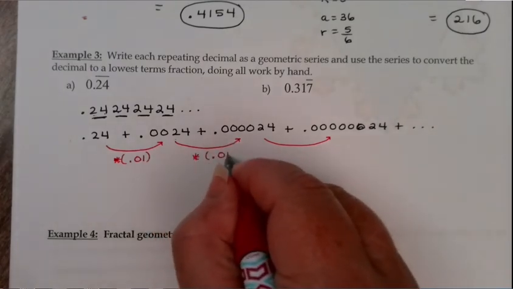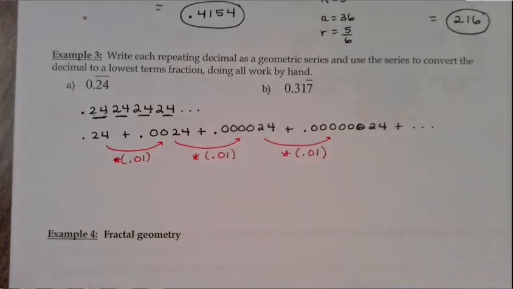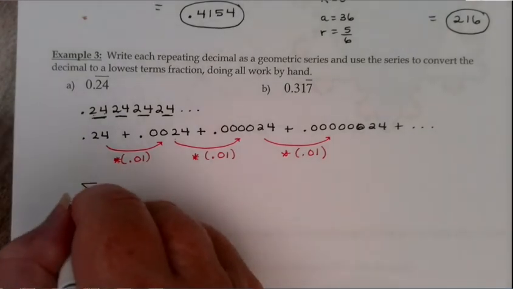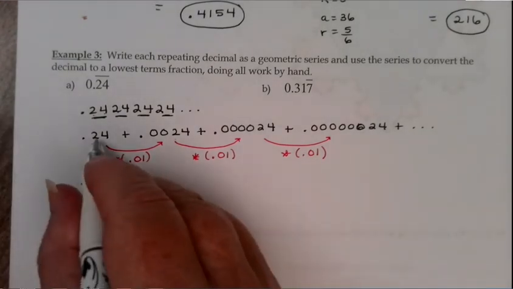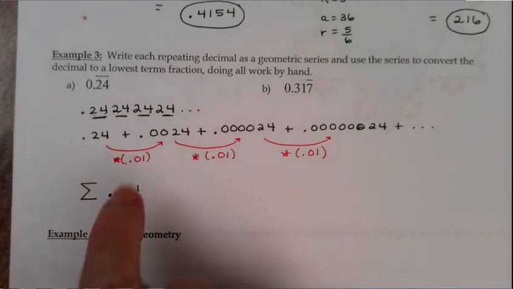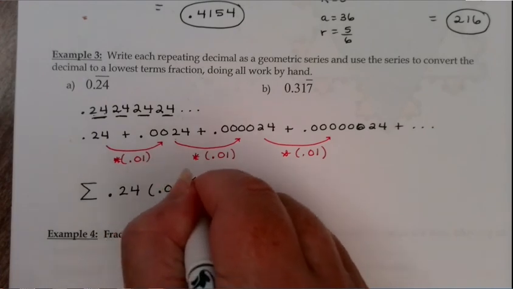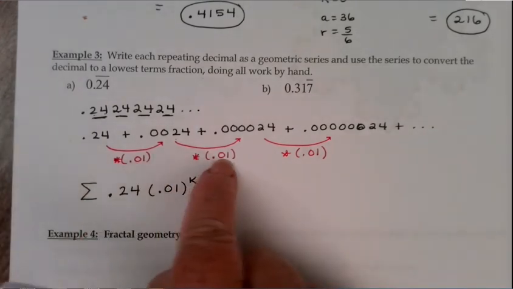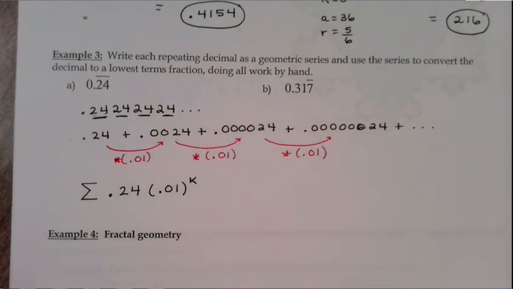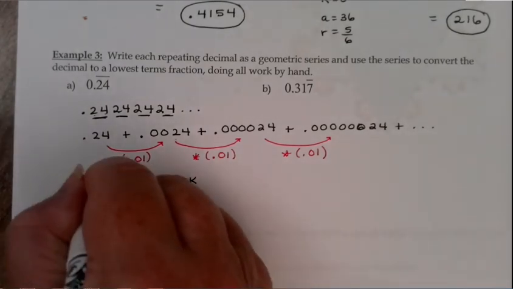So a multiplier of 0.01, and so on. So if I wanted to write this as a geometric series, my A, or my original term, was 0.24, and then I'm multiplying by 0.01 to the k power, however many multiples I need to get to the term I'm looking for, as k goes from 0 to infinity.